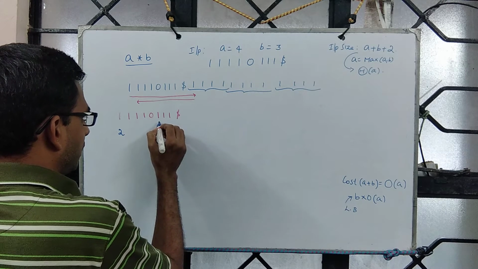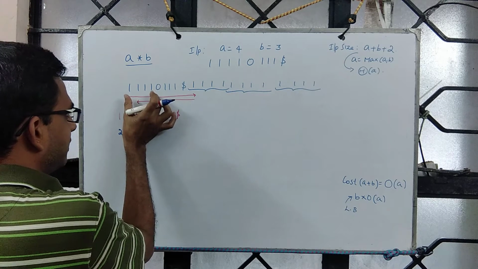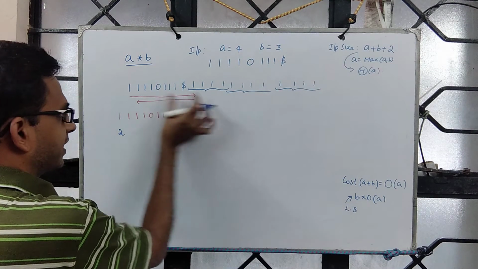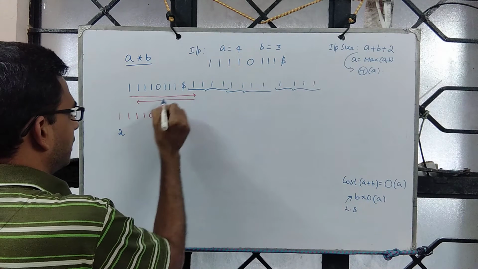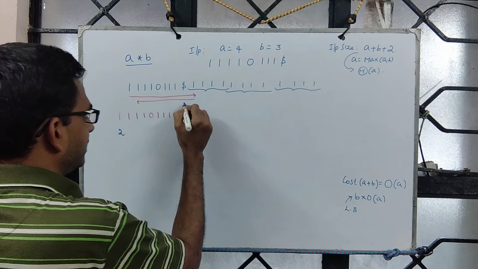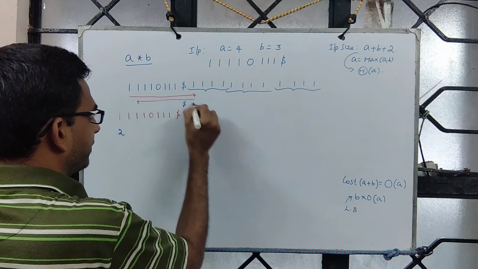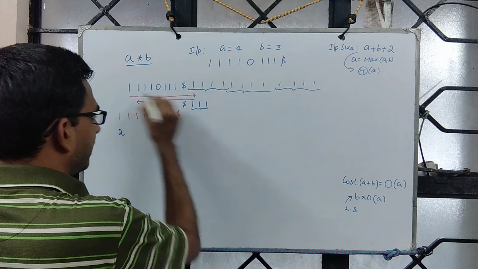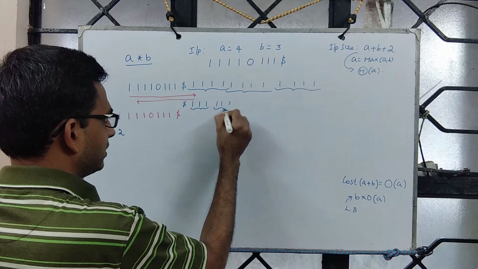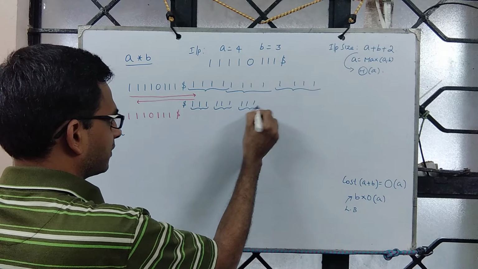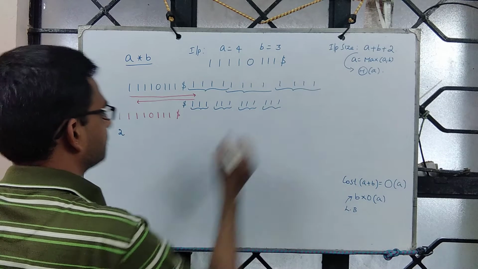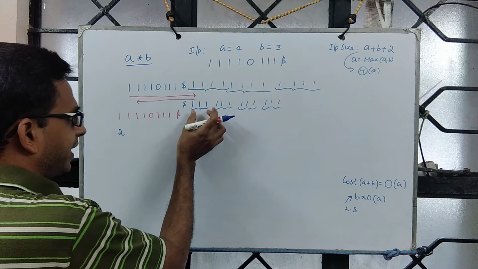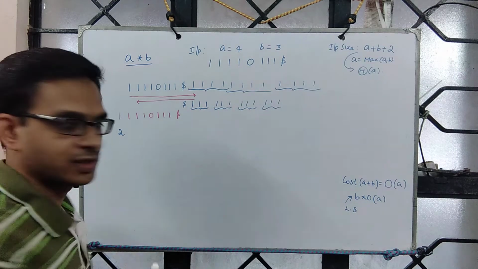Now you can either copy this 3 times or you can copy this 4 times. It's one and the same. So this can be seen as after dollar, you can copy this once and again once. So performing A into B is equivalent to writing B A times on the tape.